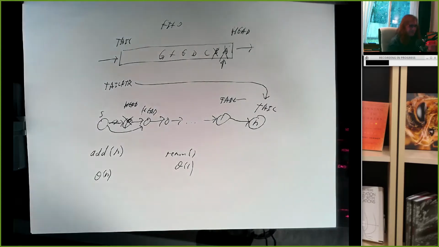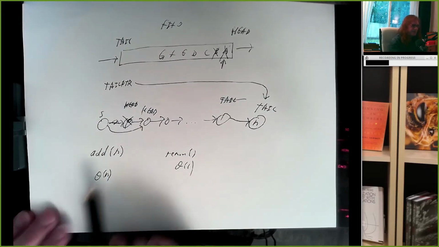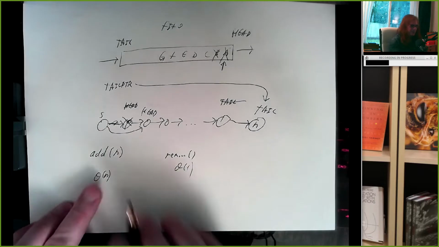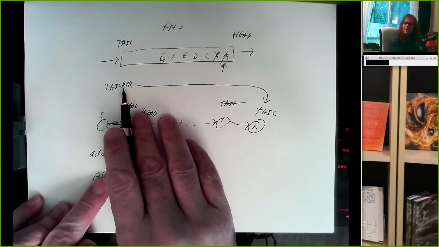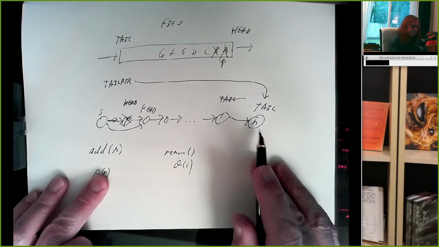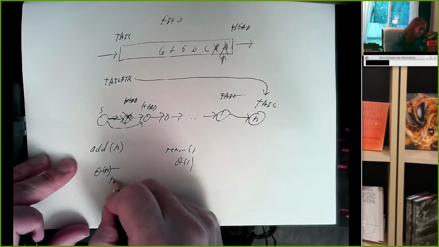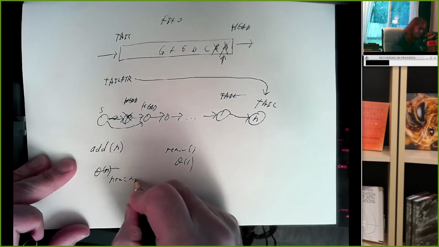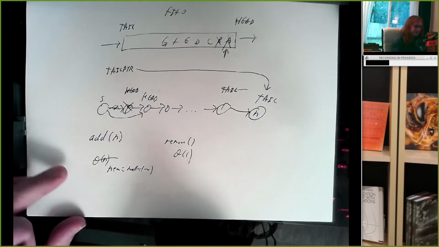And this has no impact on our remove operation, because remove happens up here. But when we want to add something to our list, well, instead of moving down the list all the way to get to the last node, we just look at the current value of tail pointer, and we know that's going to point to the last thing on the list. So our add function becomes something like, new equals malloc. So make yourself a new node, set the data field for it, and so on.